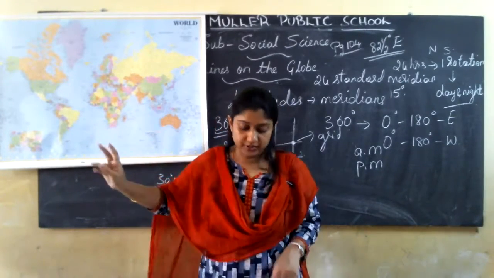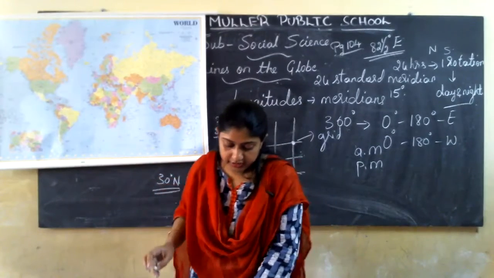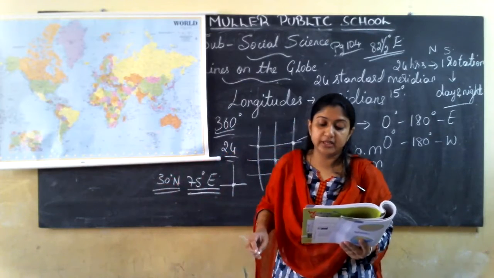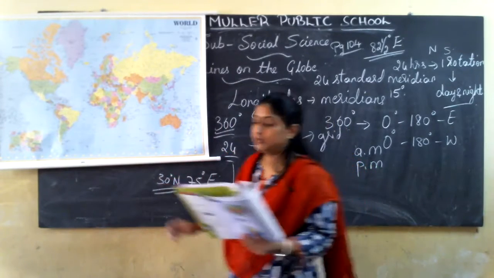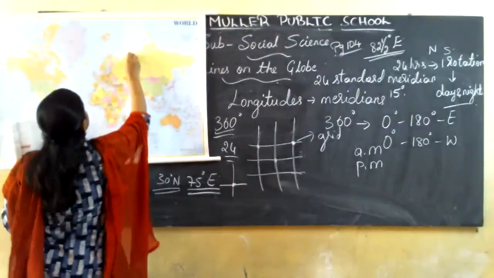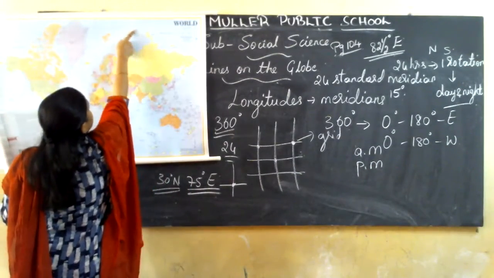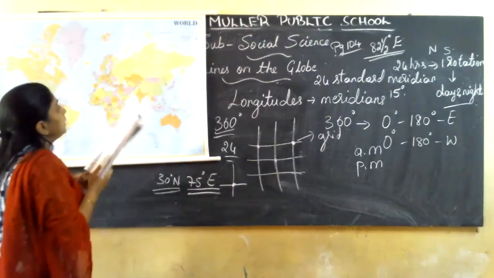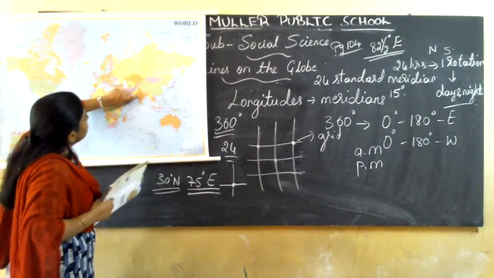Every country has a standard time, and like that, in India the local time of the 82.5 degree east meridian is considered the Indian Standard Time. That is the 82.5 degree east meridian, that is longitude. So 75 is here, between 75 to 90, 82 will come, isn't it? When you take this, it will be somewhere here.